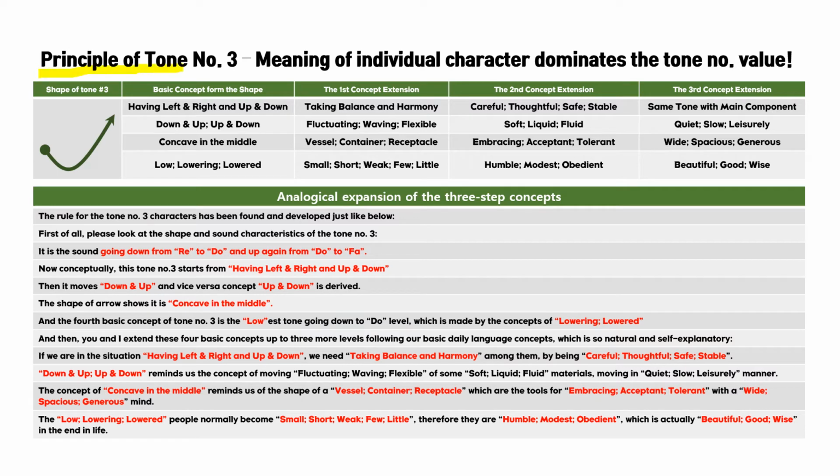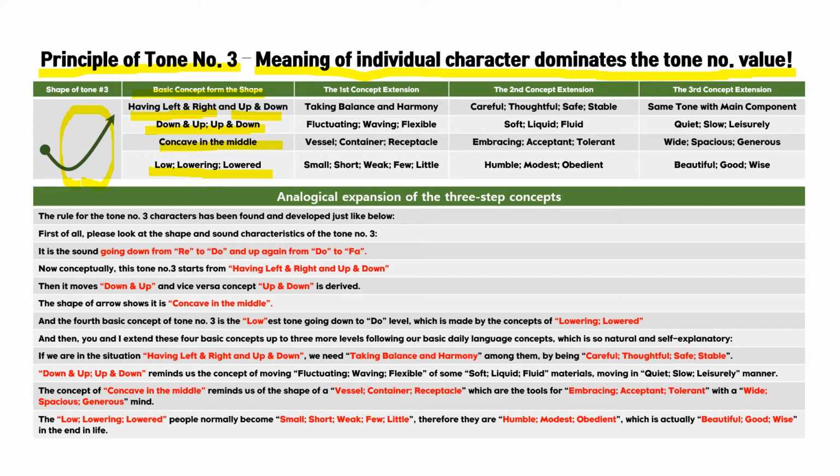The principle of tone number 3. As I said, the meaning of an individual character dictates the tone number value. We have derived from the shape of the tone number 3 the four major basic concepts: having left and right, and up and down, concave in the middle, low, lowering, lowered.